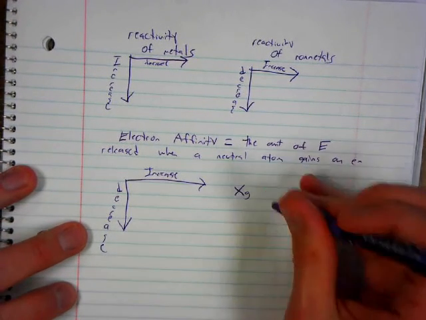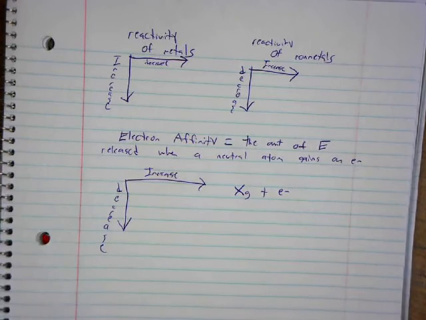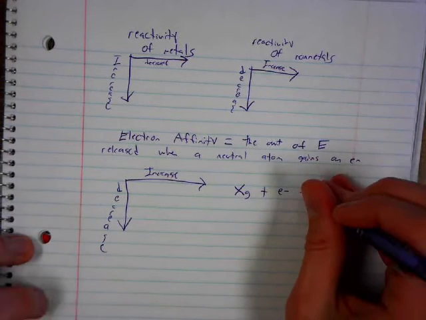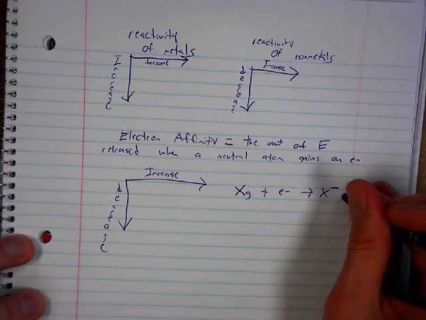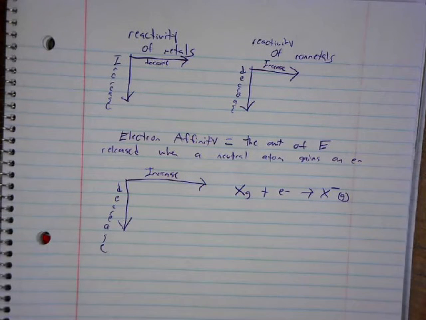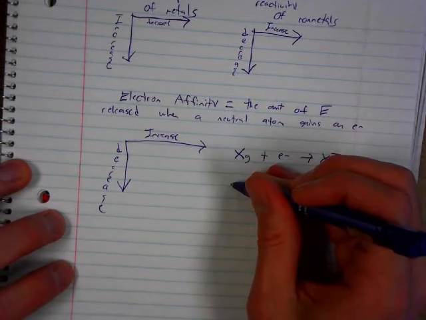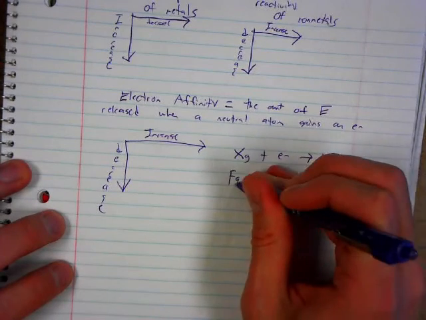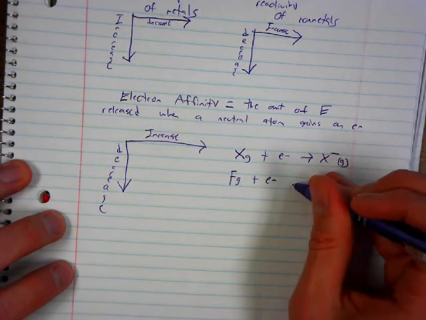But what you may see is something like this. X gas plus an electron gives you X minus gas. Sometimes you'll see an actual equation for electron affinity, and they can ask you to solve for it.